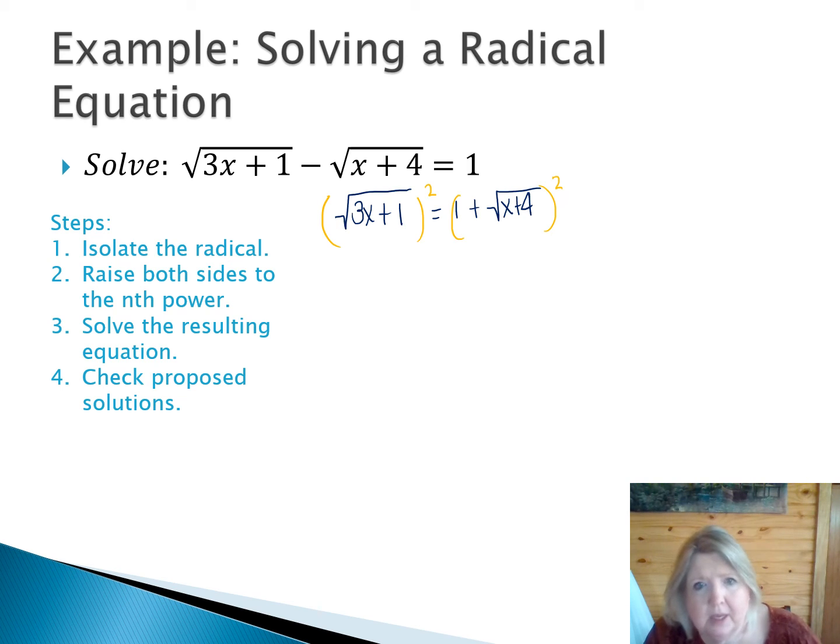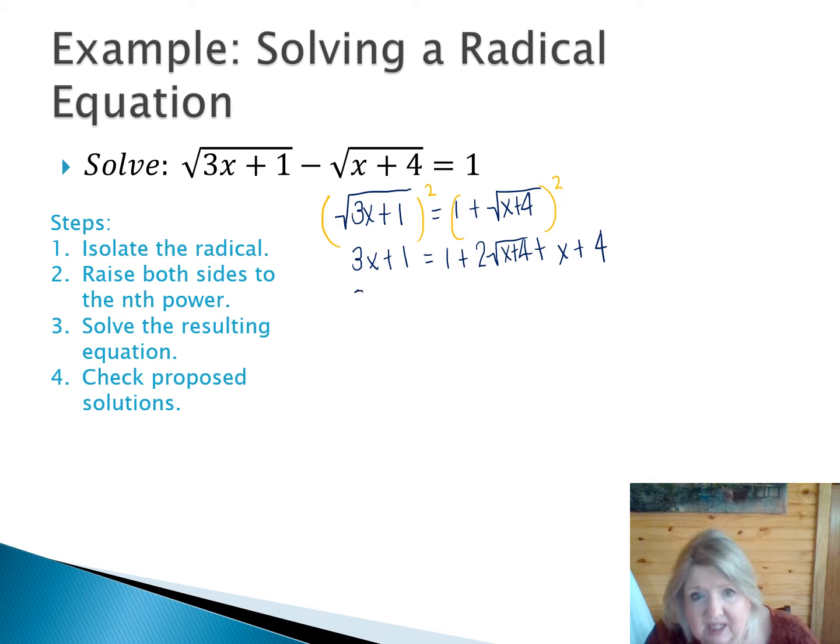Okay. That'll leave me with 3x plus 1, maybe. And I've got to use my formula over here again. So this is 1 squared plus 2 times 1 times square root of x plus 4 plus square root of x plus 4 squared, which is just x plus 4.